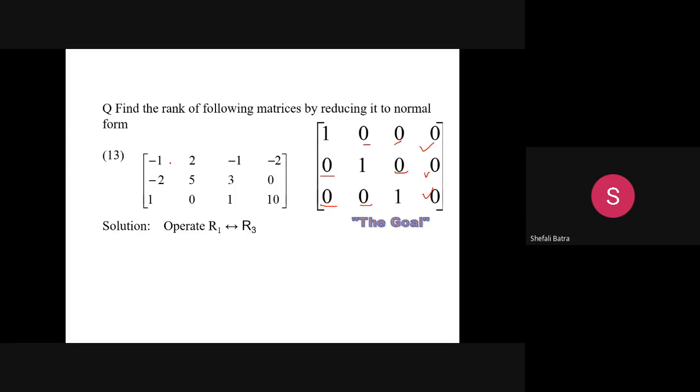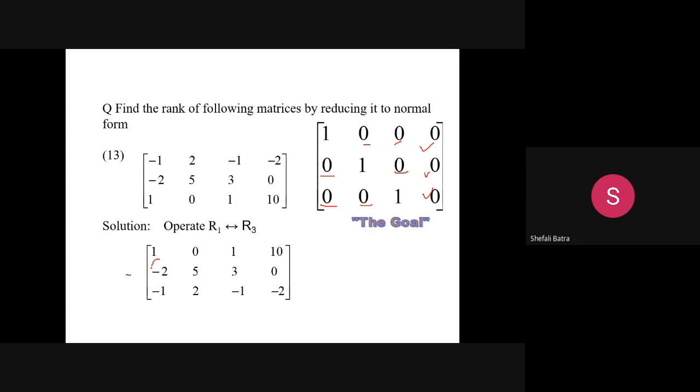Do whatever you like. I'm doing R1 interchange R3. Whenever you apply row operations, the matrices you get are equivalent matrices, so this given matrix and these are equivalent. So we have done R1 interchange R3.